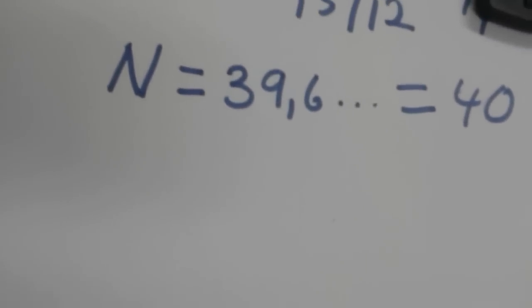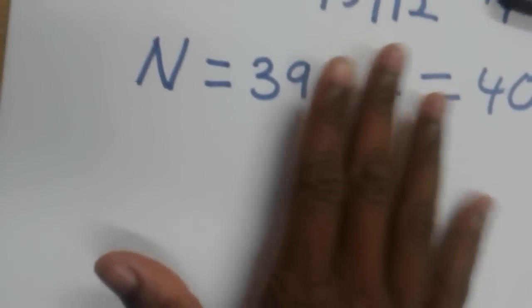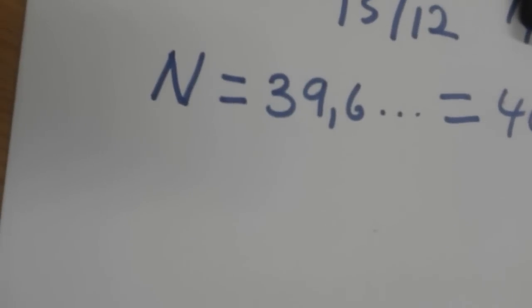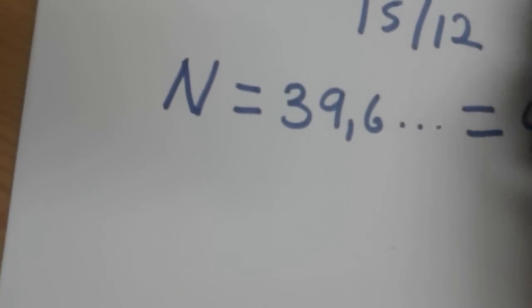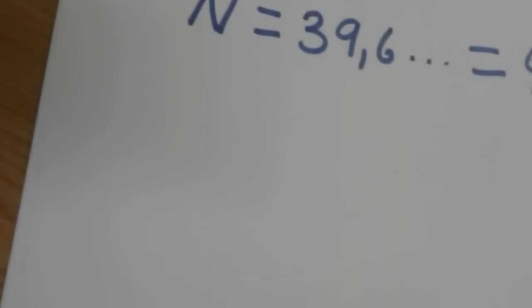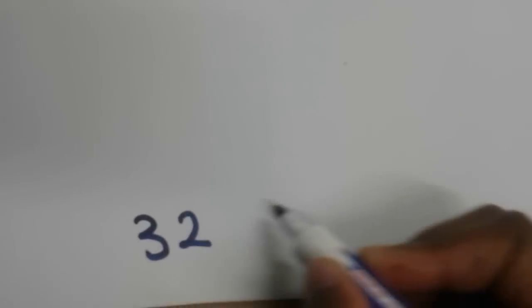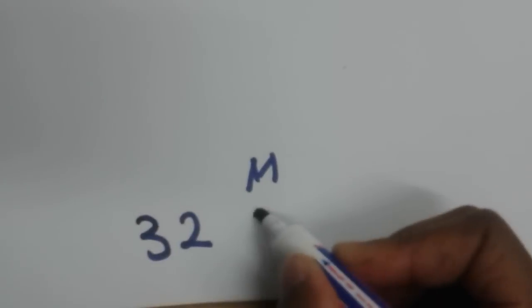Now let's look at the second part. Now remember, the reason why we did this is because we want to know the balance at the end of November. But now there's a problem. Now there's a very small problem. What is the problem? Now the problem is April was number 32, May is number 33.